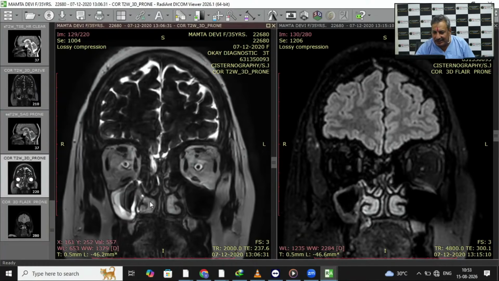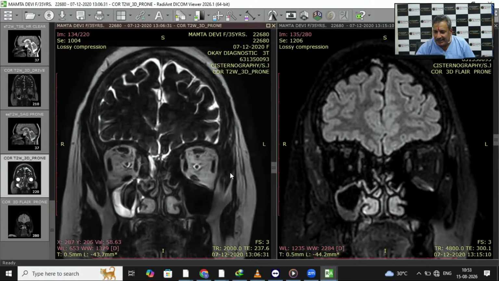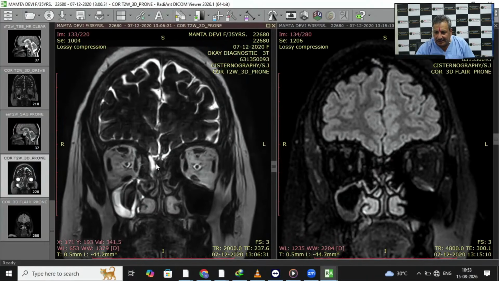If there is sinusitis, this is bright on the DRIVE as well as bright on the 3D FLAIR as well. But you saw in 3D FLAIR, it is inverse imaging, the CSF is dark.